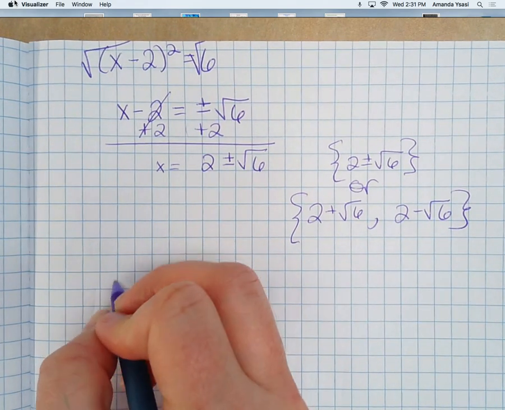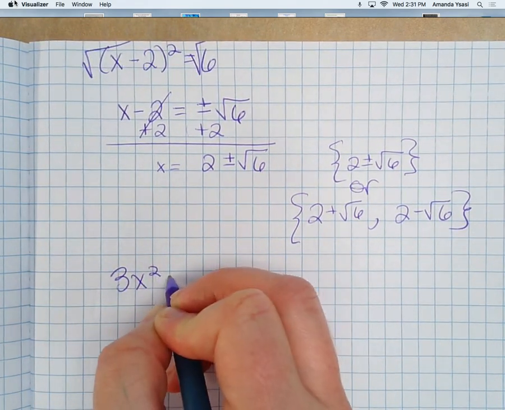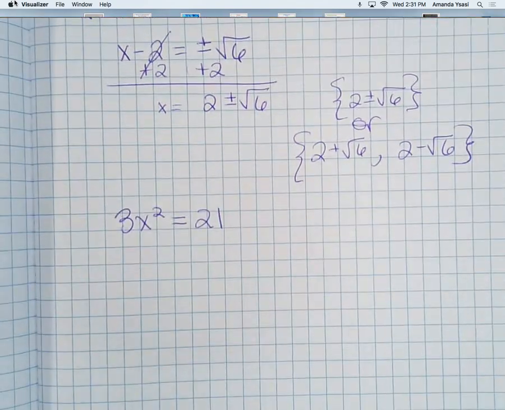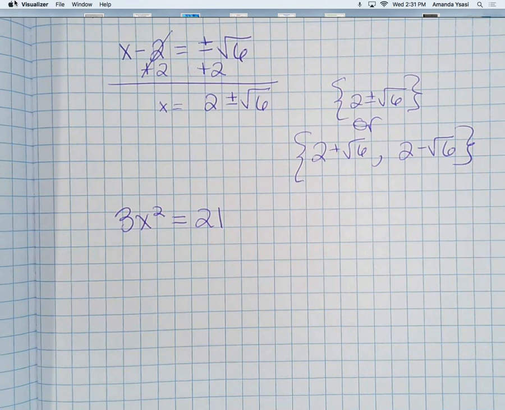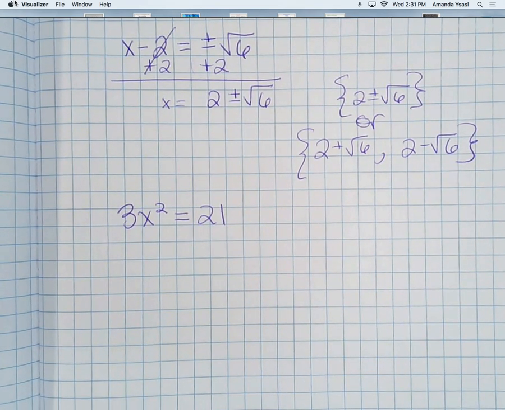Okay, let's do one last one. 3x squared equals 21. How do we solve this? What could we do to solve it? Think back to just solving equations.